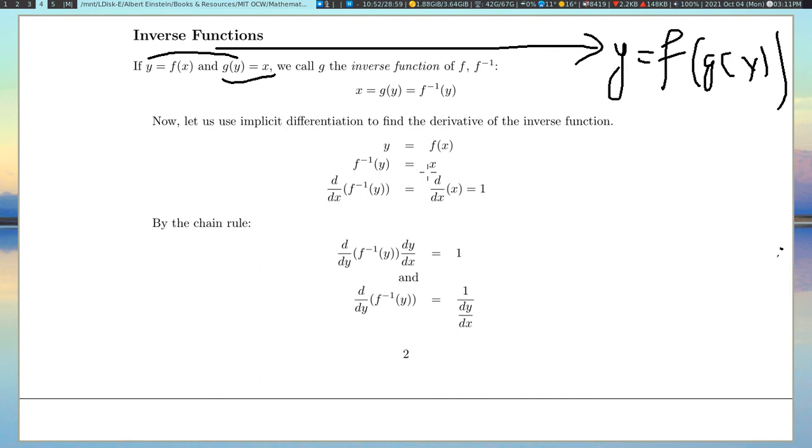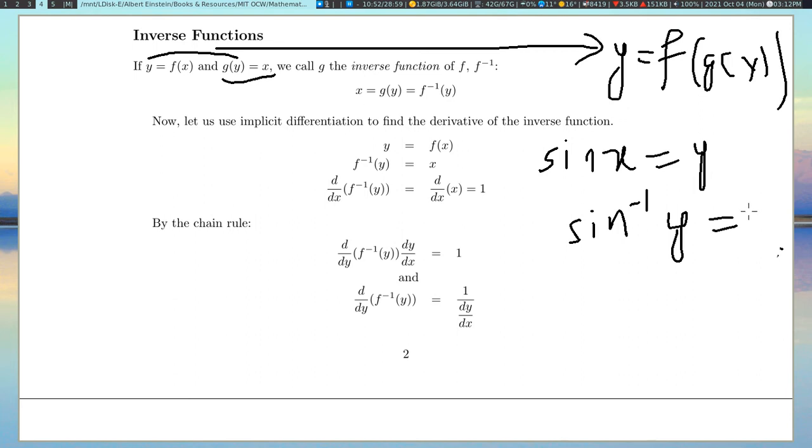It's x, because it gives you the same thing back all the time. So f inverse of y is equal to x. Like Siddharth said, if sine of x is equal to some y, then sine inverse of y is going to give you the x back.